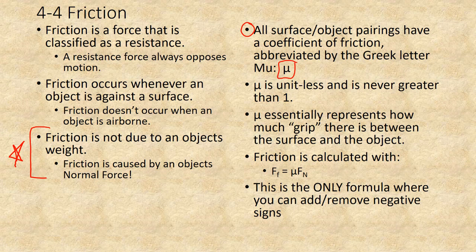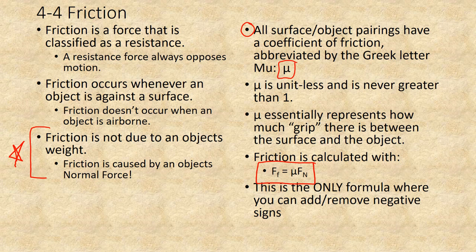Mu is unitless, and it's never greater than 1. You can never have more friction than the object would have on its own. And I'll get to what that means in just a moment. What the mu represents is effectively how much grip there is between the surface and the object. And we calculate friction with this formula right here.